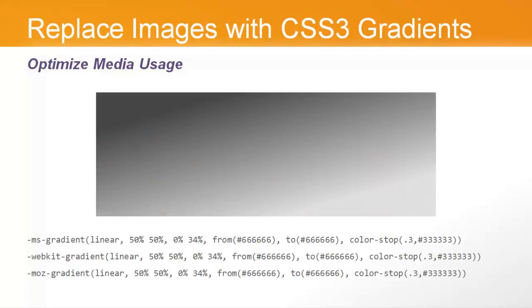Other ones, replace images with CSS3 gradients. CSS3 is getting better and better with the day, and there's a lot of powerful tools that you can do with this. So pretty much try to start making the jump into features that use CSS3 capabilities, adding those to your website. So rather than using this, try to use gradients.